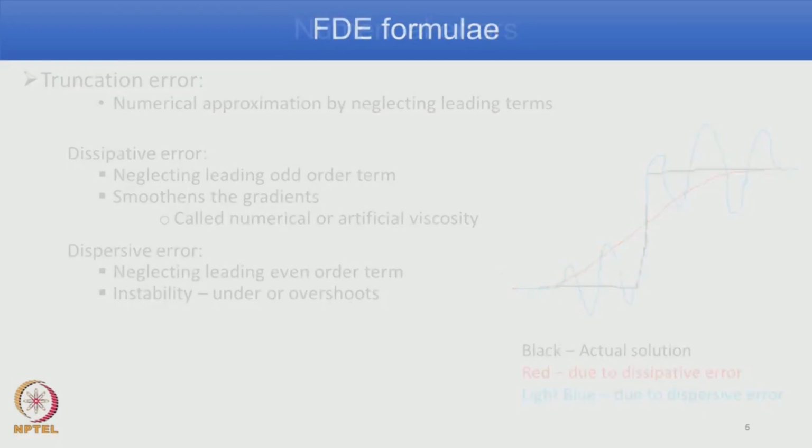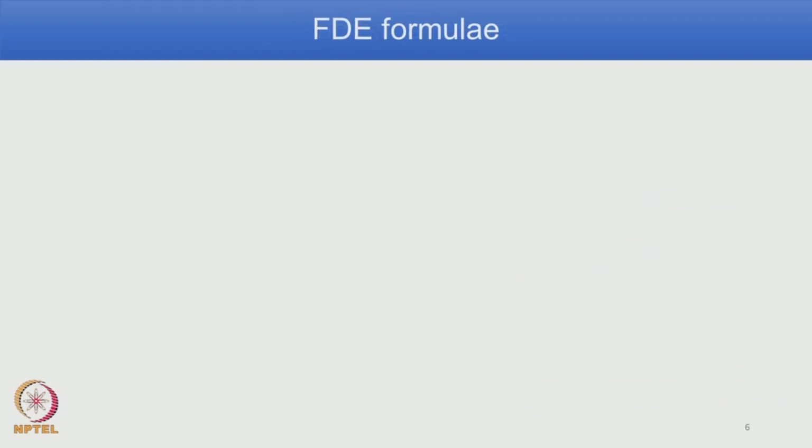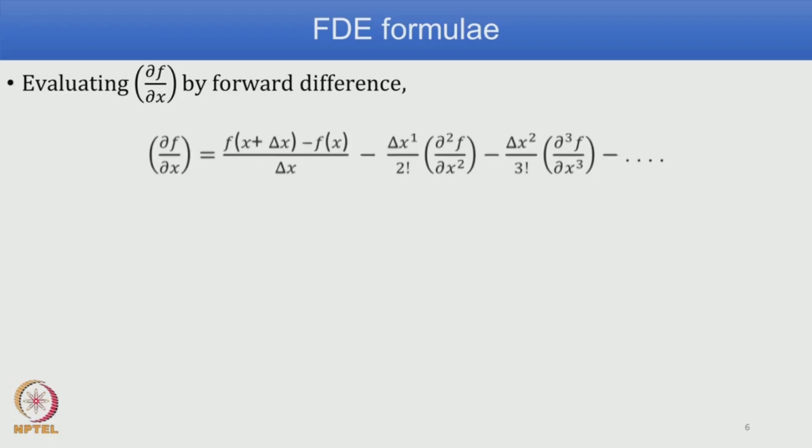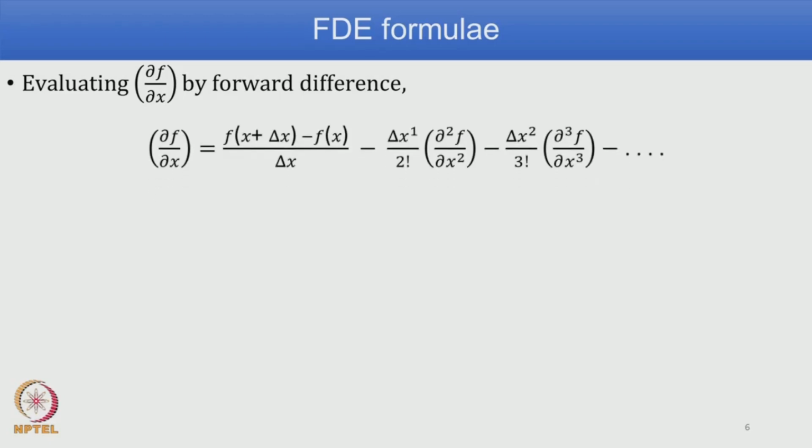Now, we will try to get an explanation of this from the finite difference formula. We already did how to obtain the forward difference scheme for the first derivative, and without going into the steps in detail, we write down the final expression here. So, ∂f/∂x is given like this.